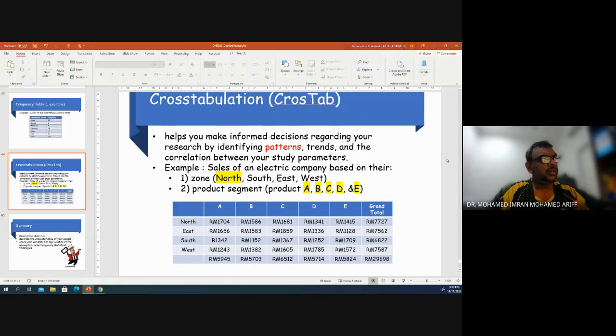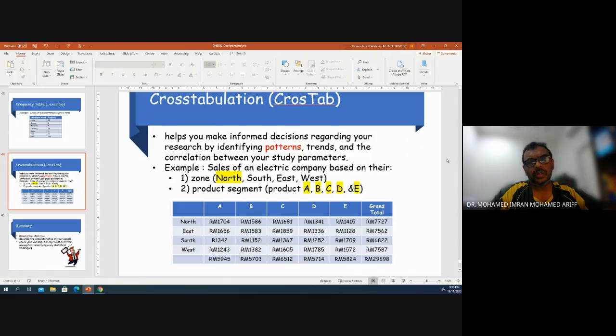Okay. So how can you make this work in your research? You can highlight, for example, you divide your study based on zone. Zone Terengganu, zone Sri Iskandar, zone Motor and so on and so forth. So from these zones, you want to find how many are of age 1 to 10 years, 11 to 20 and so on.